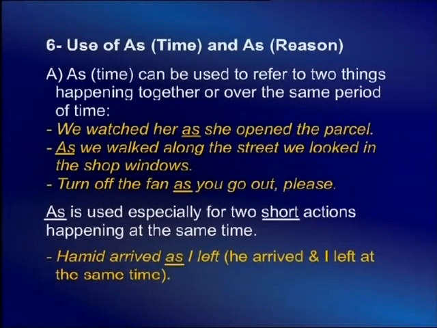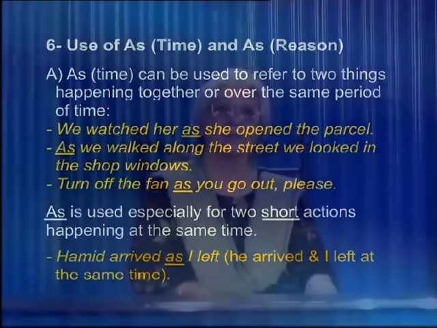That is, he arrived and I left at the same time. Now, just as, you can also use the word just as together, which means exactly at the same moment. It's also very commonly used. And as is also used when two changes happen over the same period of time. Example, as the day wore on, the weather got worse.